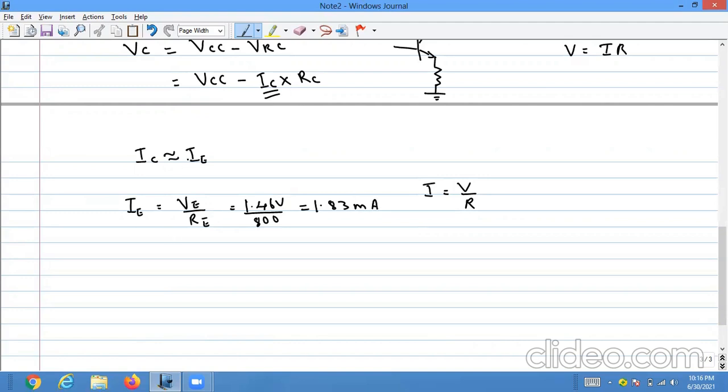As IC is equal to IE, IC is also 1.83 milliamps.